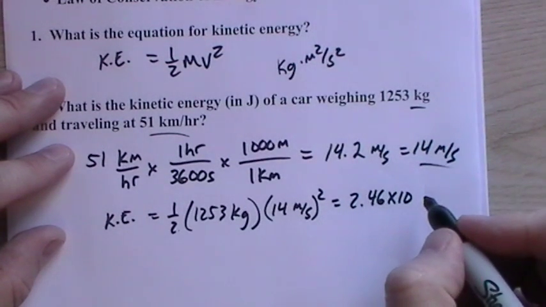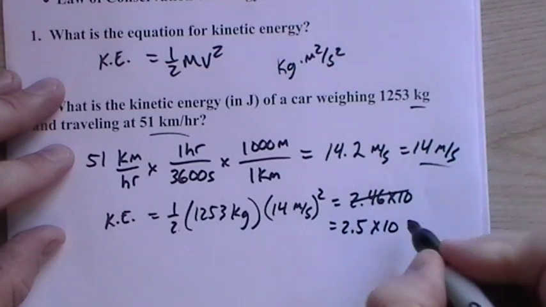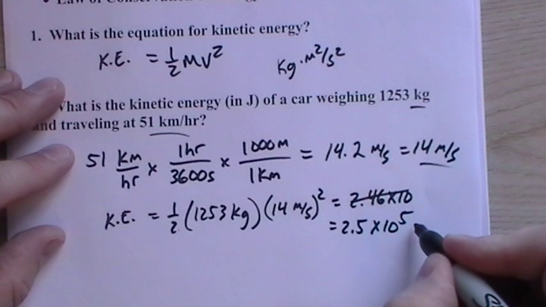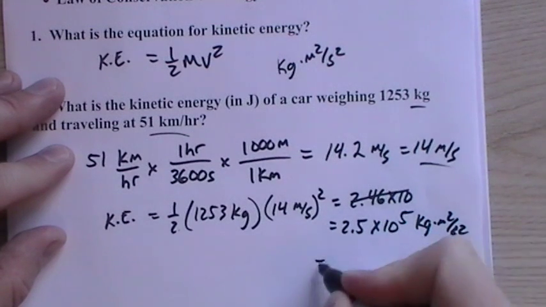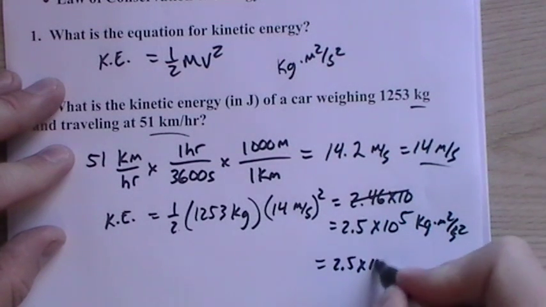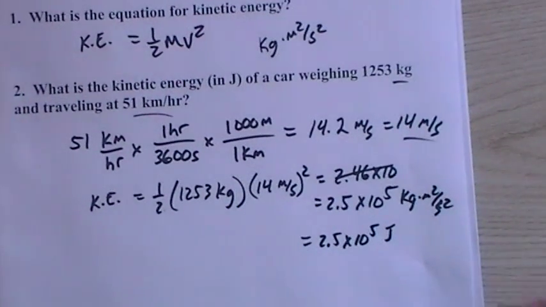Actually, we have to round it even more. So it's no problem here. This is kilograms, meters squared per second squared. All it means is that we've lost a little bit of information. Actually, we never had it, so we couldn't put it in. So we have this as our answer.